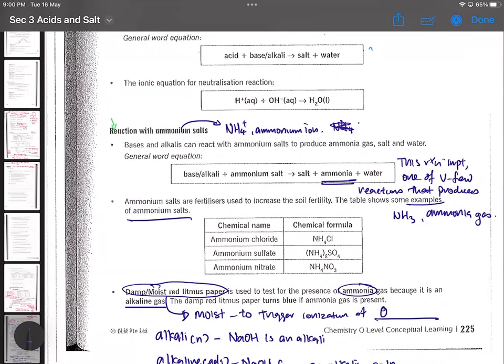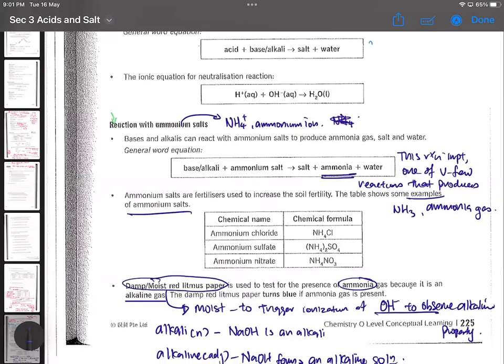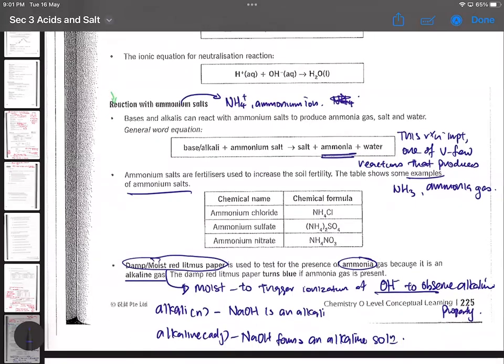Correct. Ionization of OH ions in order to observe the alkaline properties. Again, without water, alkaline gases won't give you the property. You need water to trigger the OH, just like how you need water to trigger the H plus. Okay, so I'll give you a minute to consolidate this and help me jot this down.